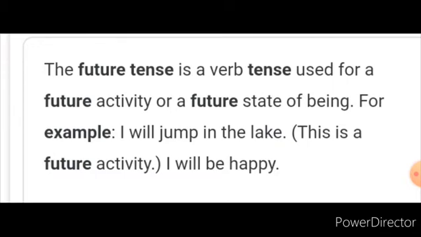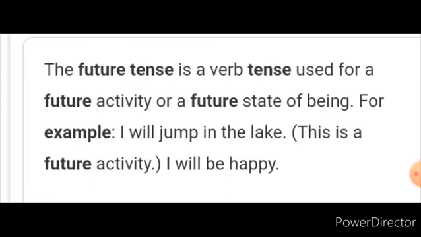That is, the future tense refers to an action which will take place in future. Look at the word will. W-I-L-L, will. The word will is used to refer to the future tense.